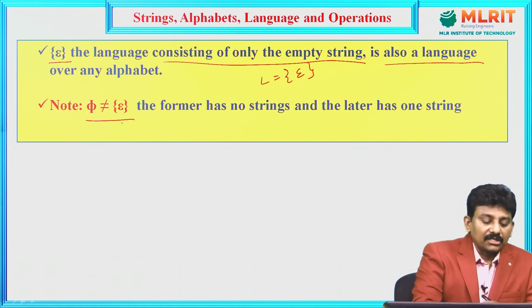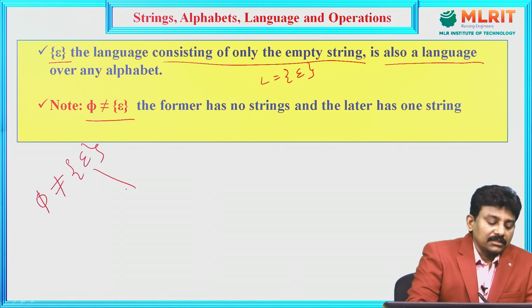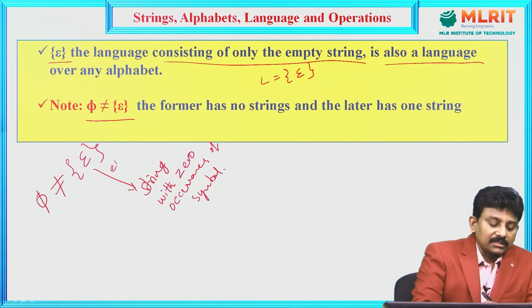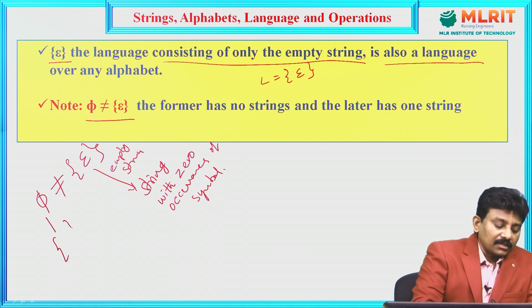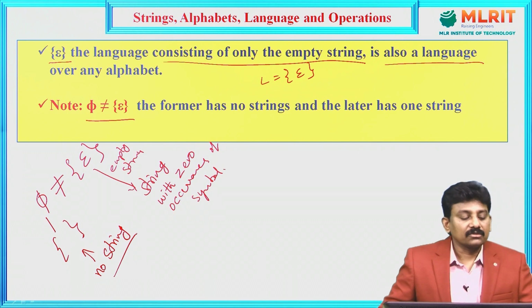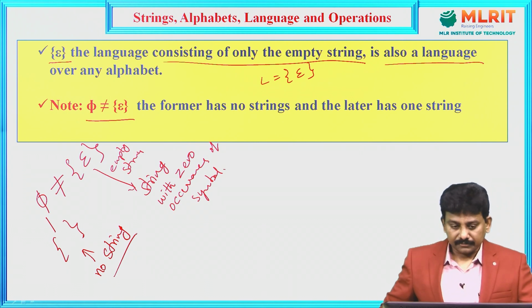But phi is not equal to epsilon, because epsilon is a string with zero occurrences of symbols, the empty string. Here phi is the null set, a set with no strings. So phi is not equal to epsilon.